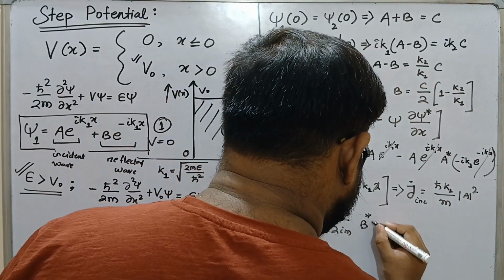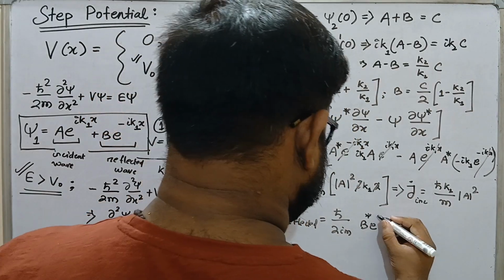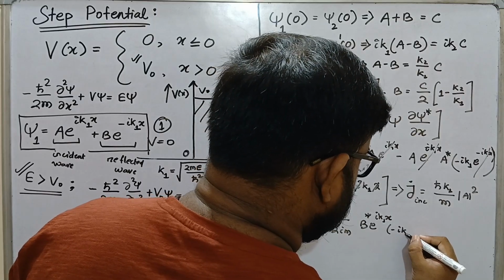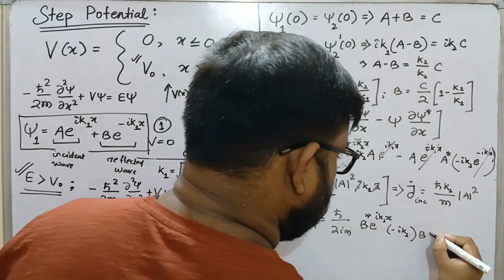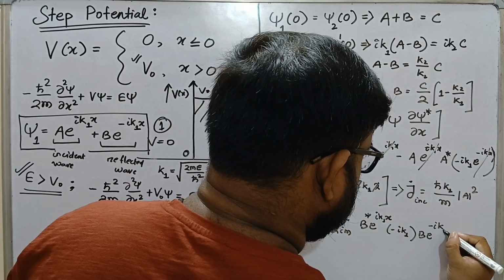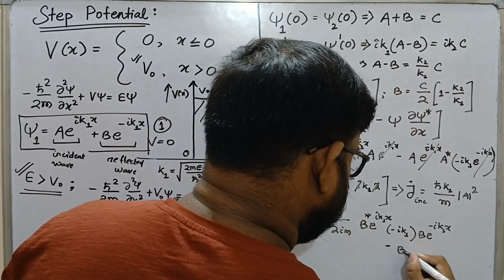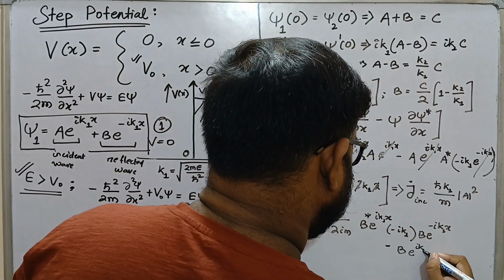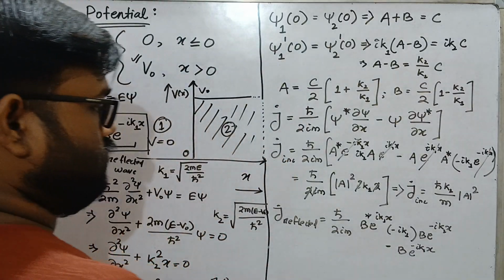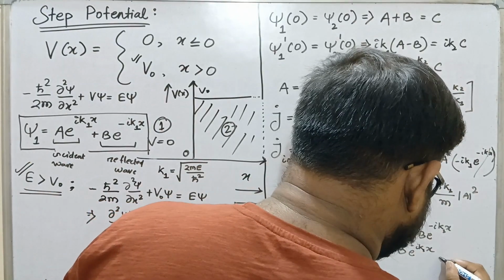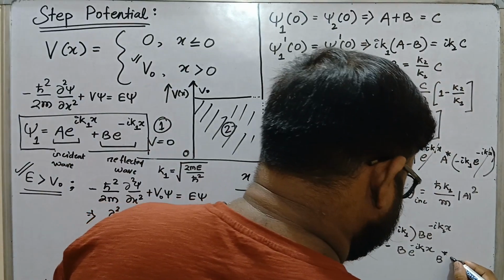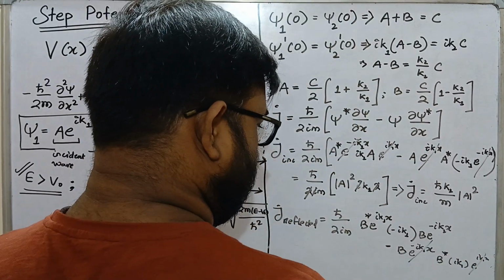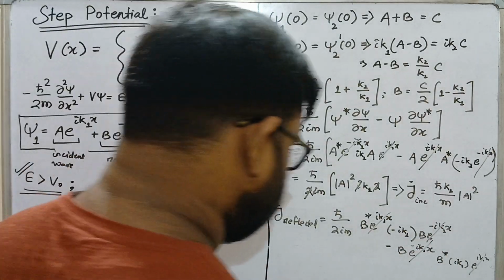Okay, let's write it. Whatever comes here, it will be minus ik1, and b will come out, e to the power minus ik1x, minus b will remain, e to the power ik1x, minus ik1x. b will remain with ik1x plus b star will be here, and this will be ik1 e to the power ik1x. This and this will be cancelled.